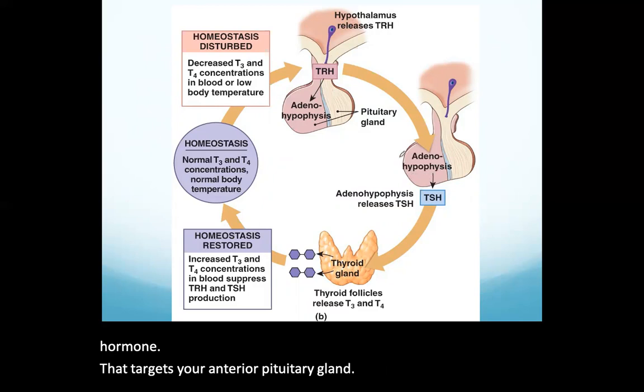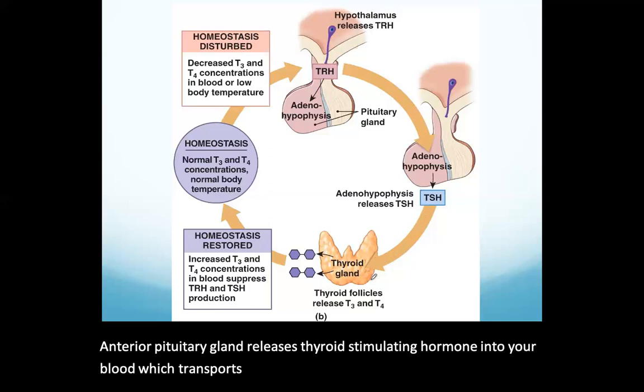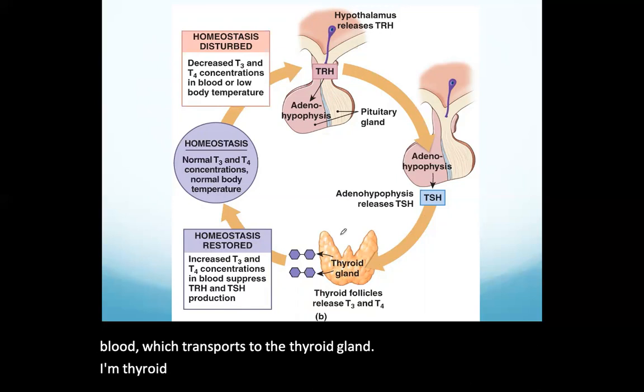The anterior pituitary gland releases thyroid stimulating hormone into your blood, which transports to the thyroid gland, and the thyroid gland produces T3 and T4, which basically control your metabolism and your body temperature.